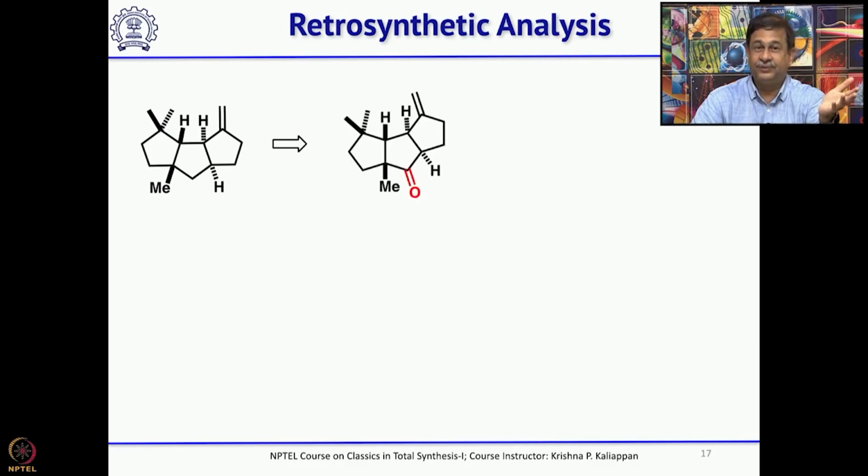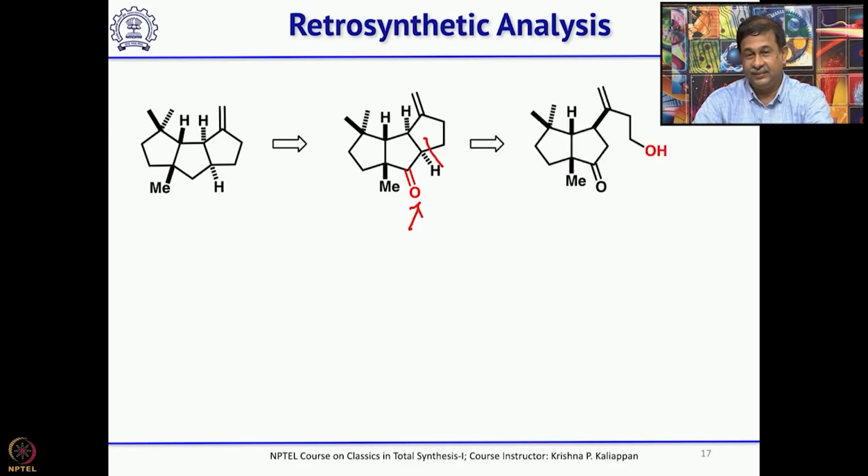So, it is better to introduce another functional group which can facilitate the retrosynthesis to get a simpler starting material. So, that is what he has done, he has introduced a carbonyl group at the middle ring. The idea is, if you introduce a carbonyl group, then one can do an intramolecular alkylation. So that is what he planned.